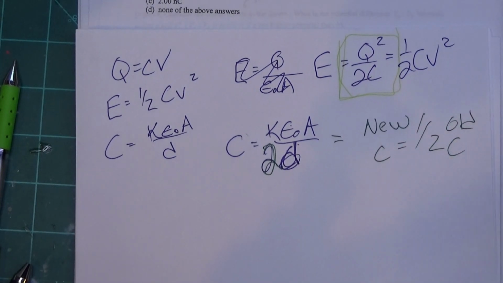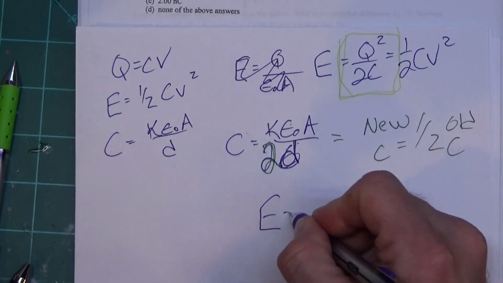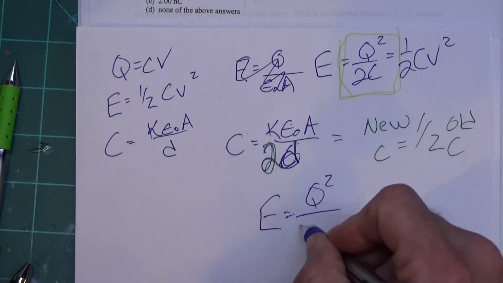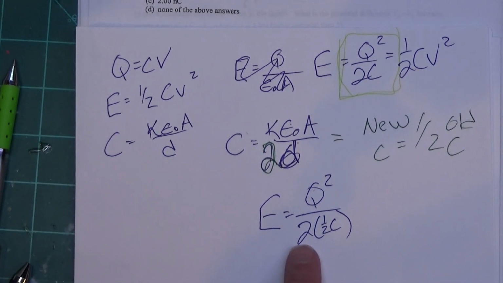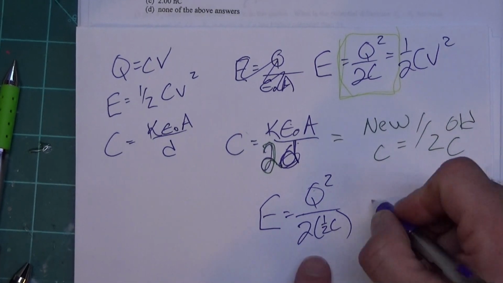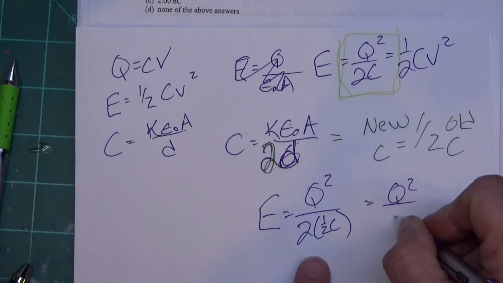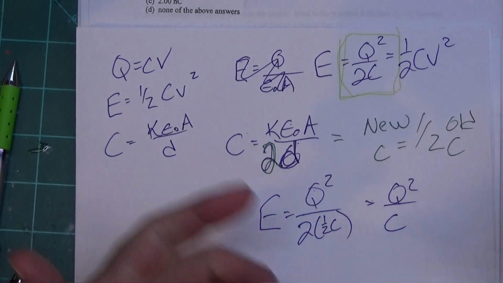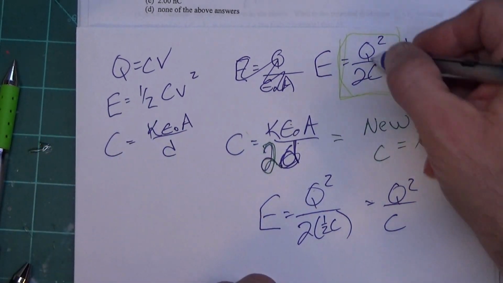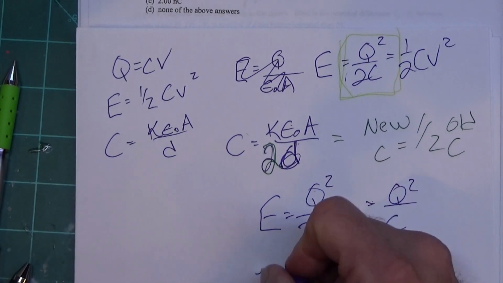Okay, so my energy equation, we're keeping Q constant, and down here we're putting a 1/2 C in there. Now the 1/2 and this 2 are going to cancel out, and I get Q squared over C. So essentially the energy is going to double, because we're losing the 2 on the bottom.